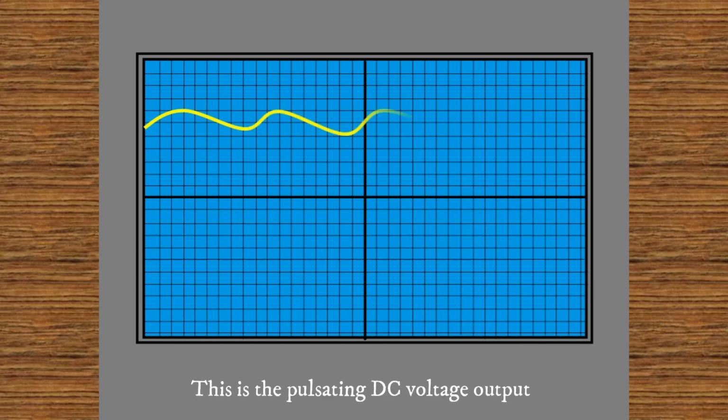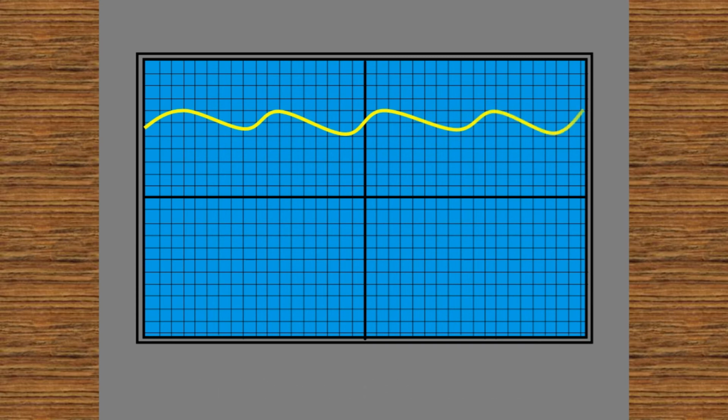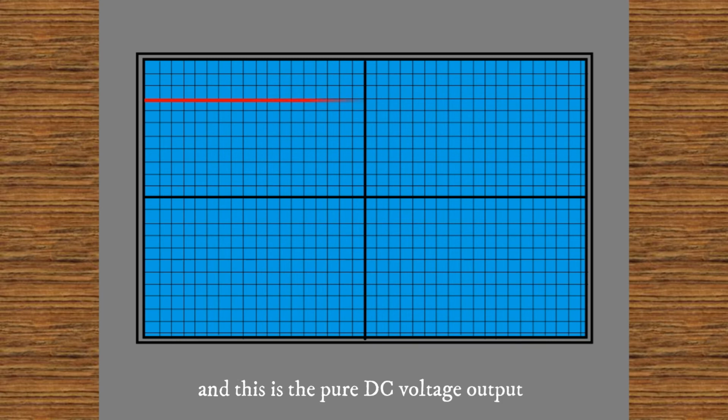This is the pulsating DC voltage output. This is the pure DC voltage output.